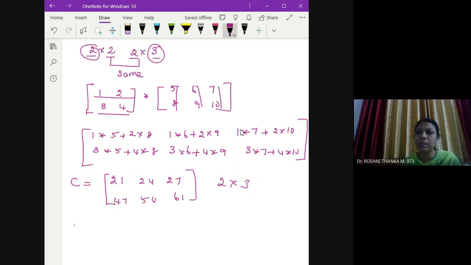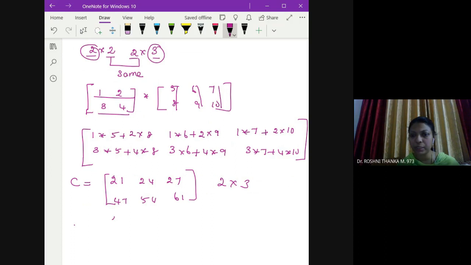So to find the cost, you have to find how many multiplications are done. Here you can count them: 1, 2, 3, 4, 5, 6, 7, 8, 9, 10, 11, 12. So totally 12 multiplications are required.